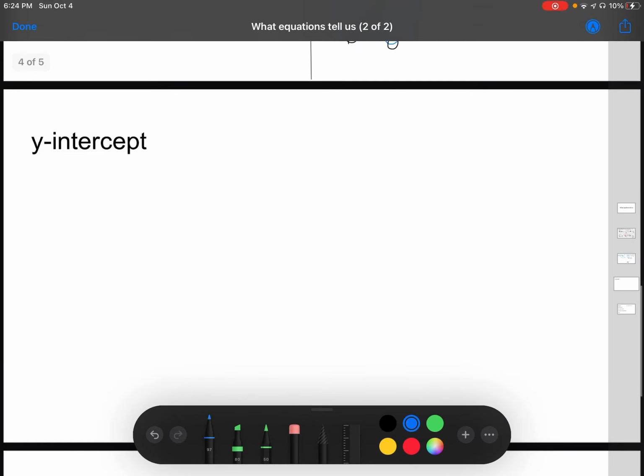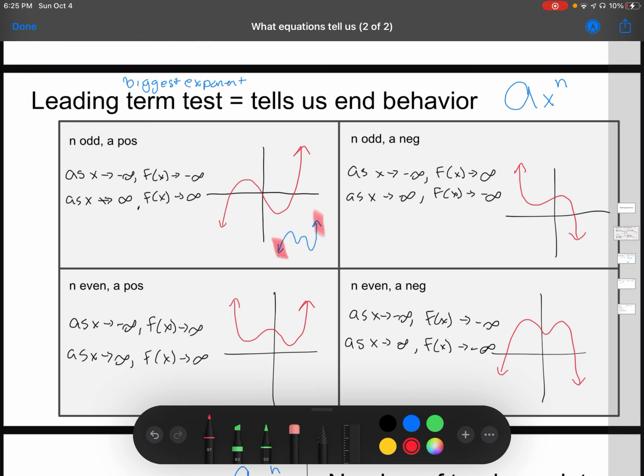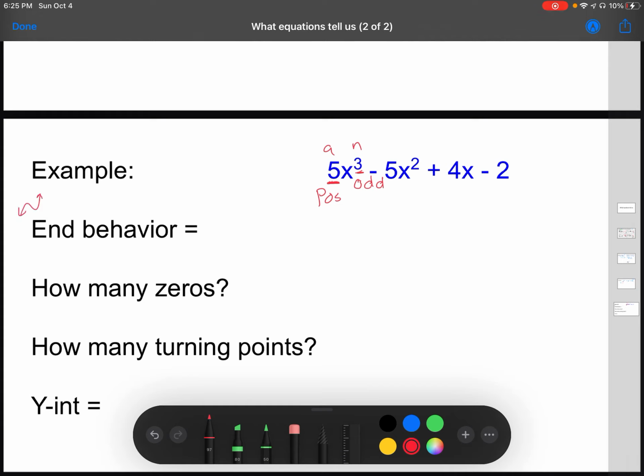If we look at our table here, positive and odd would be our first one. So we know that on the left it goes down, and on the right it goes up. We say as x approaches negative infinity, f of x approaches negative infinity, and as x approaches positive infinity, f of x approaches positive infinity.